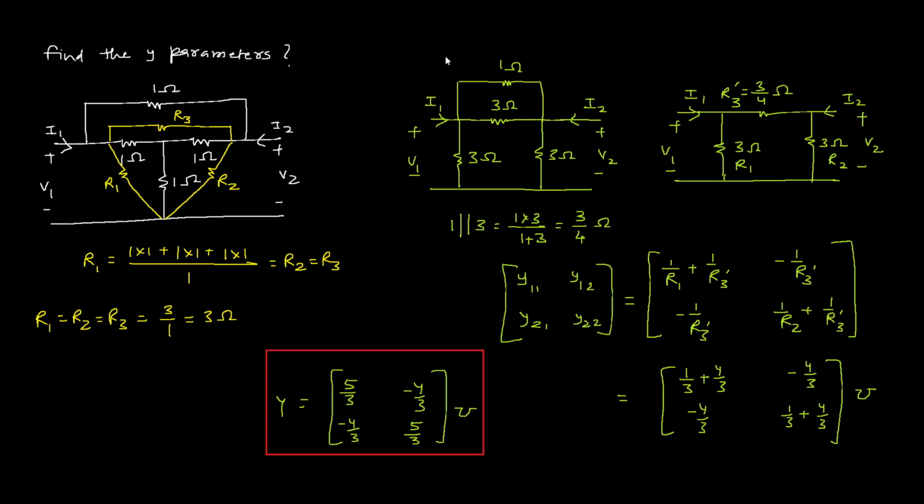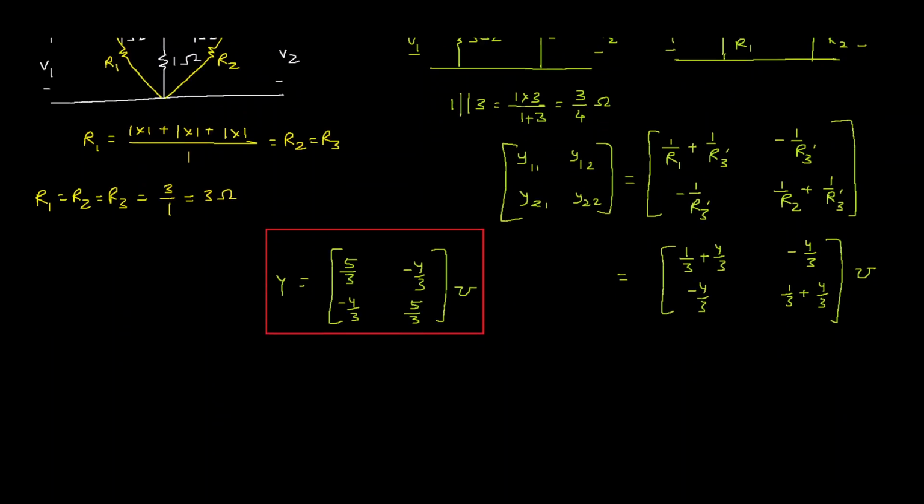Now let's solve this circuit using parallel connection. This was the circuit. This is one network and another network consists of this 1 ohm resistance, because here current is dividing into I1A and I1B.